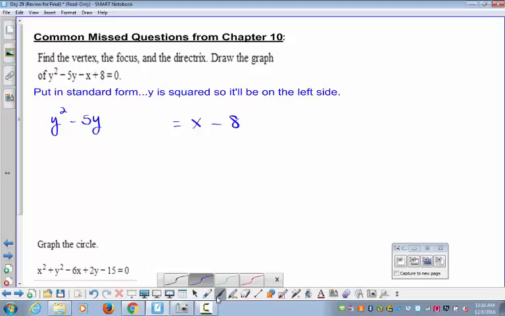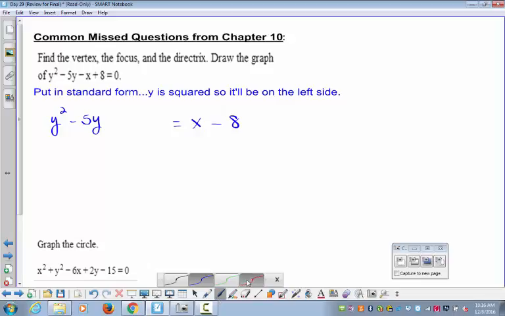So with the parabola, the square stays on the left and everything else goes to the right. So we're going to isolate the square term. So everything that's not part of the squared variable is going to go to the right, not just the constant. If it was an ellipse or a hyperbola, the variables stay left and the constants go right. For a parabola, the square variable to the left, everything else to the right.